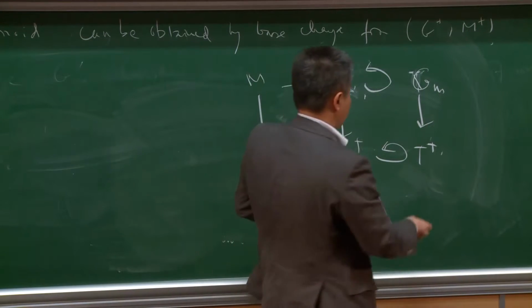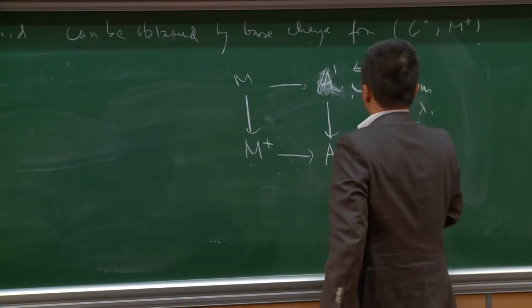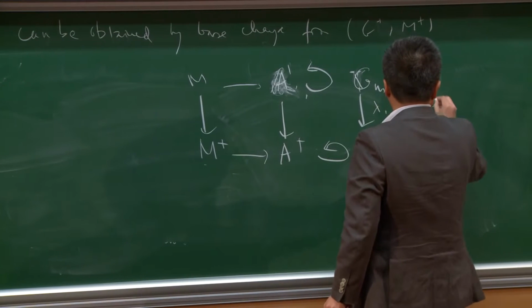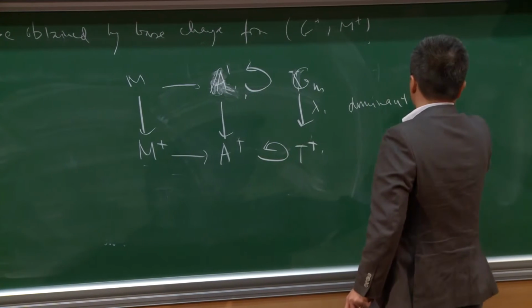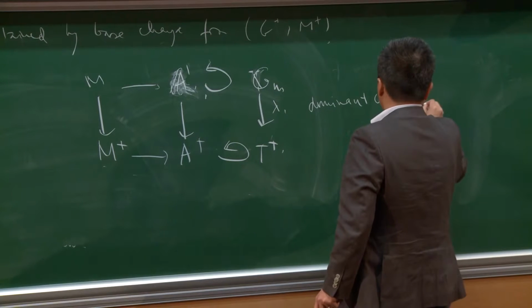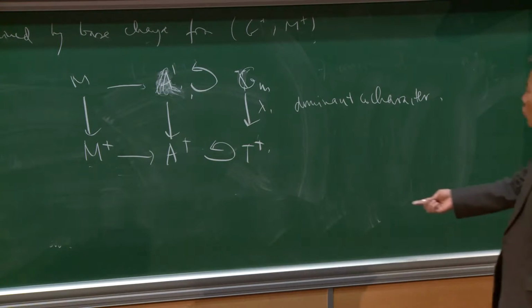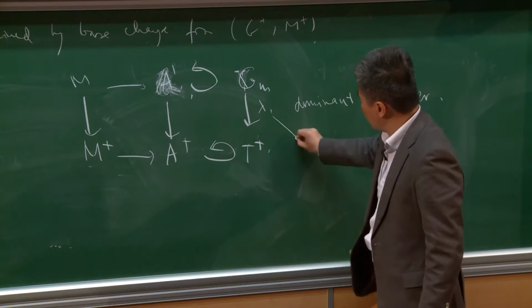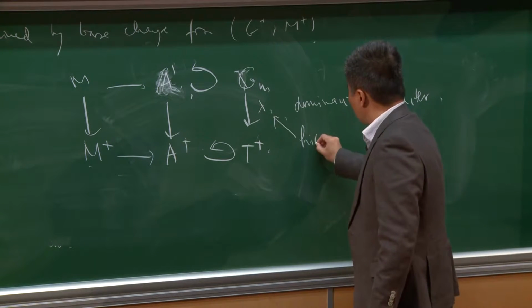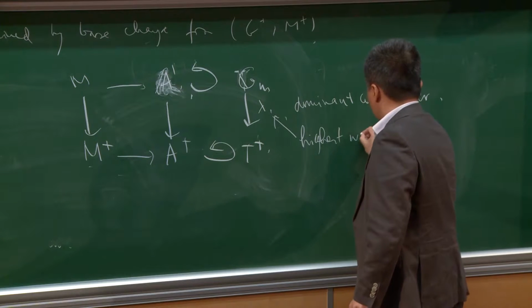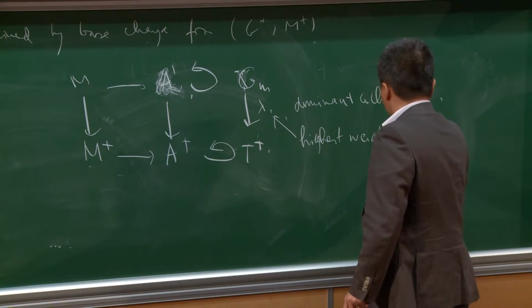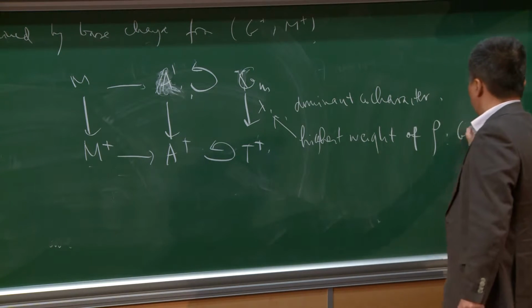So this is some dominant co-character lambda, and it's quite obvious which one you want to choose. You want to choose this one to be the highest weight of rho.